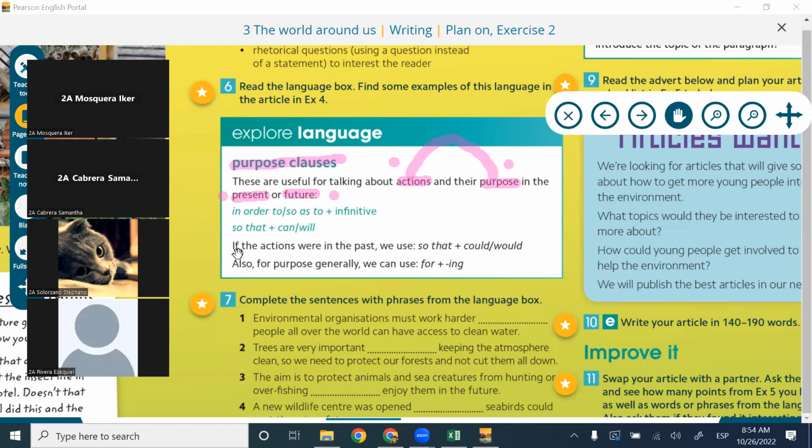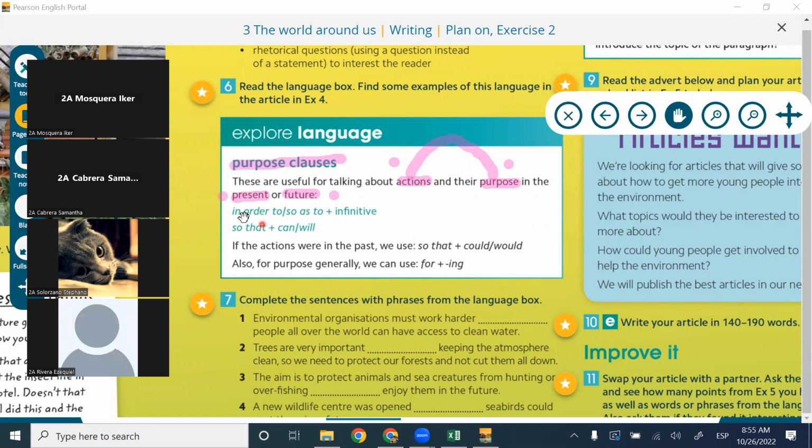Continue. If the action were in the past, we use so that plus could. For plus verb with -ing can also be used for purpose.